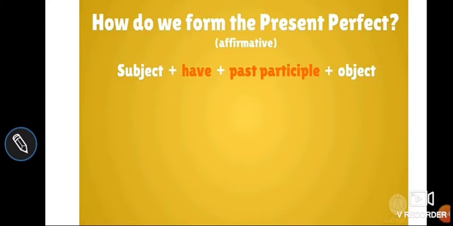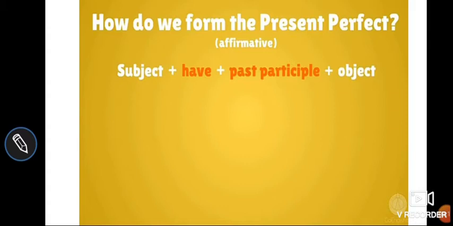Plus have, you know the helping verb have. Plus past participle. Now past participle is nothing but the verb. We all know that verbs are the action words. Now these actions which have been done in the past, which are over, become the past participle.